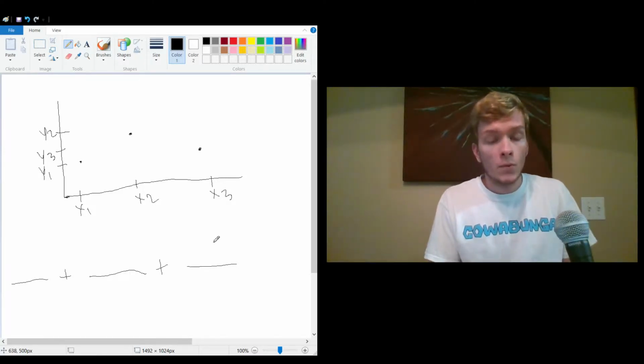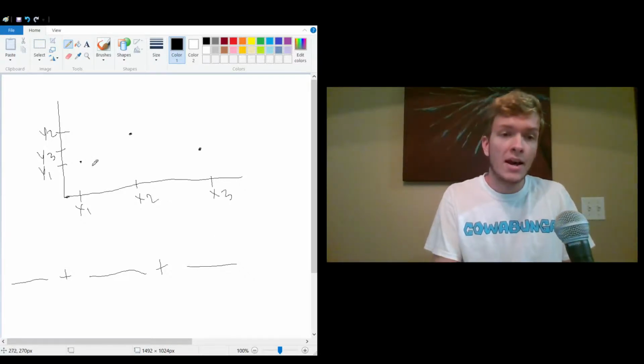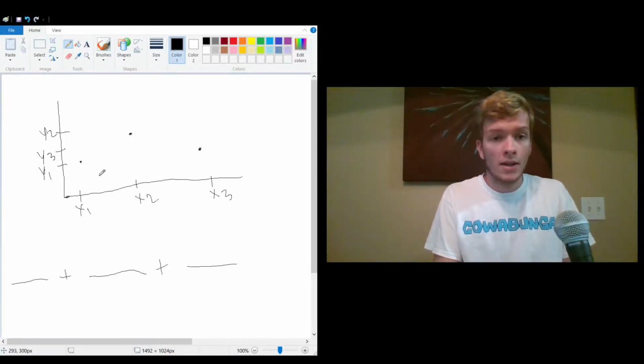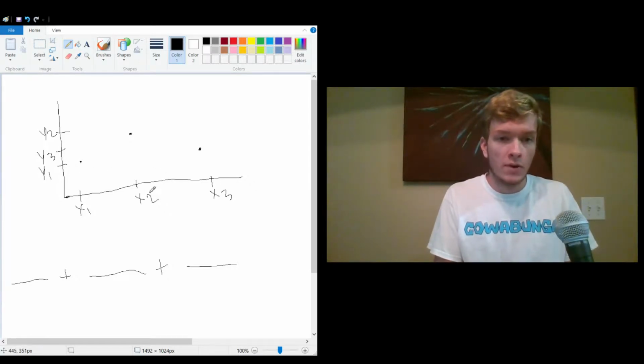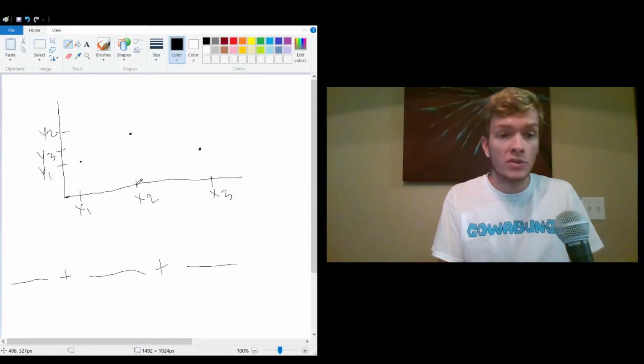So like I said, the Lagrange Interpolator wants to be a switch, and what I mean by that is when the x value is one of these other points we have, it wants to have a y value of 0. So it wants to be right here.